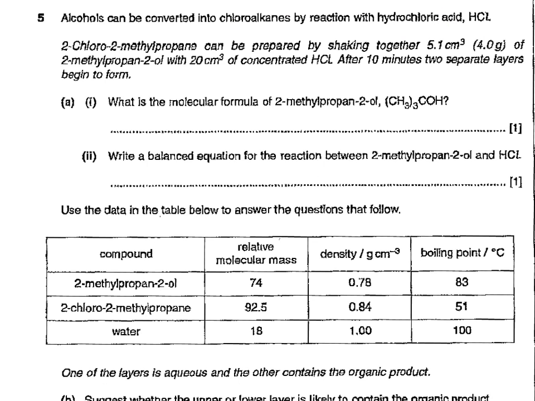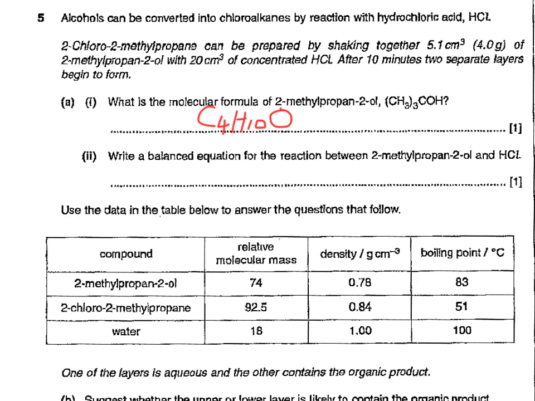So this question is about alcohols, and it gives you a little bit of a description of a reaction with some data and some information about what's being added and what sort of reagents are being used. And they start off by asking the molecular formula. So that's just a basic idea of adding up all of the carbons, the hydrogens and the oxygens, a little bit like a shopping list.